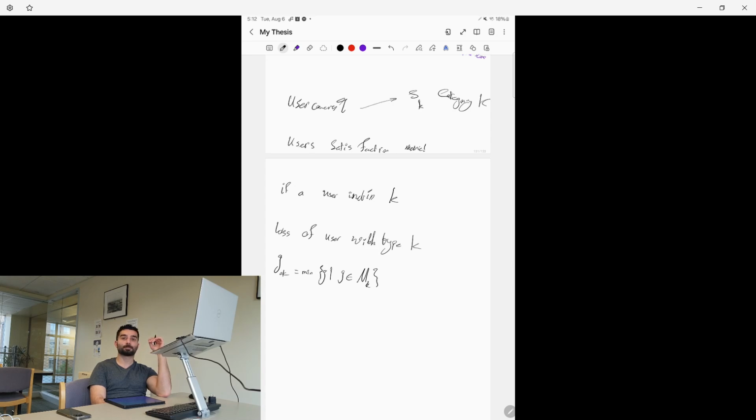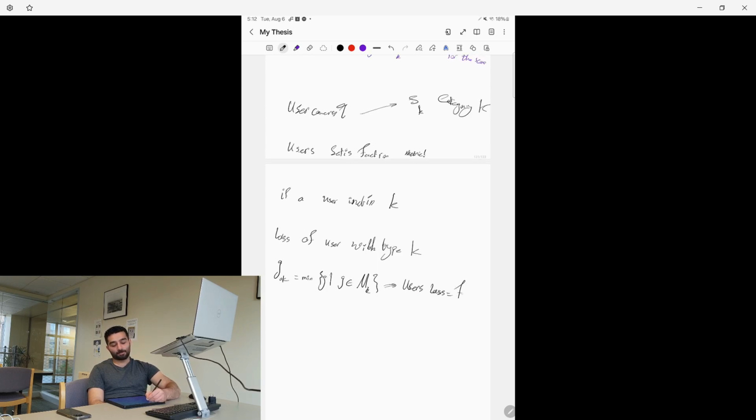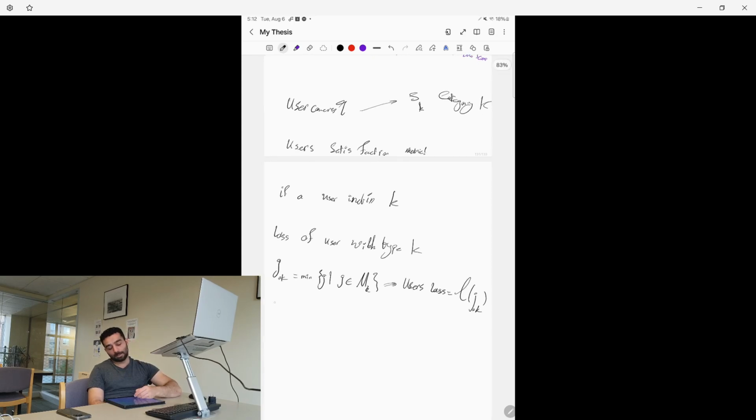J0K is the first product that a user finds from category K. Then the user's loss equals a loss function L of J0K, where L is an increasing function.